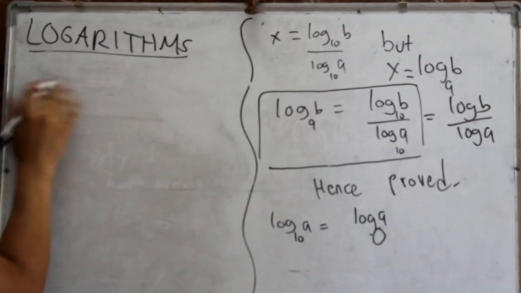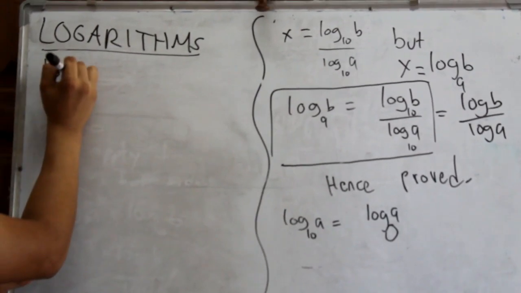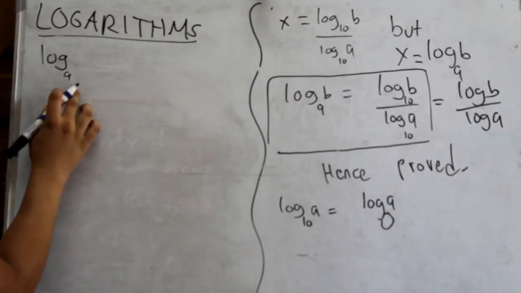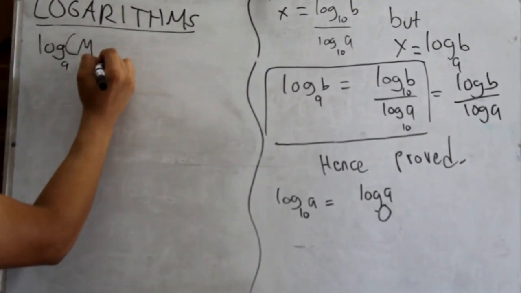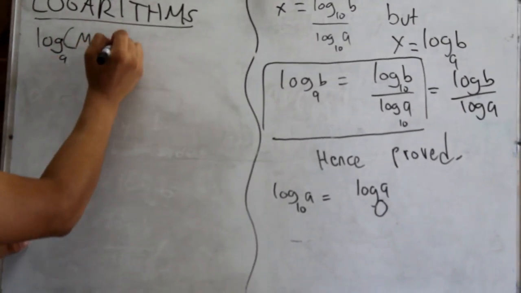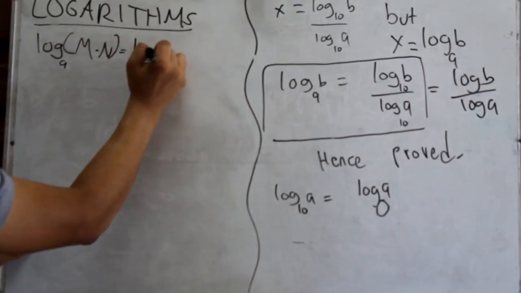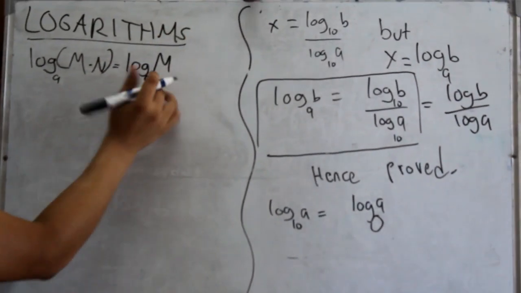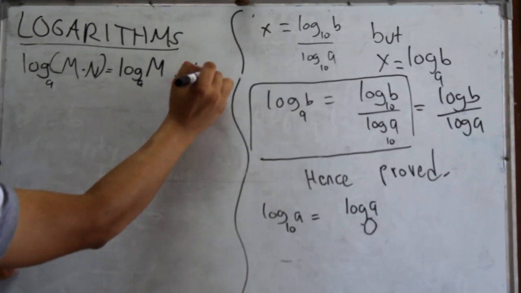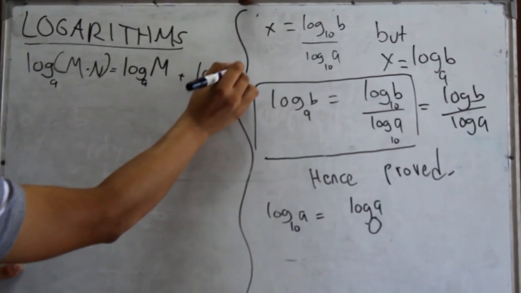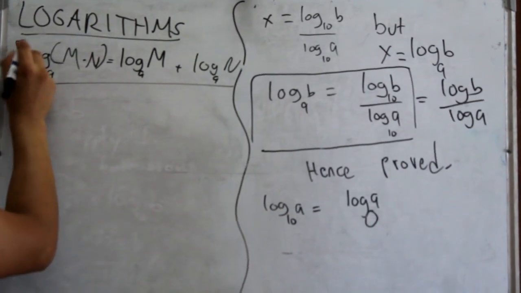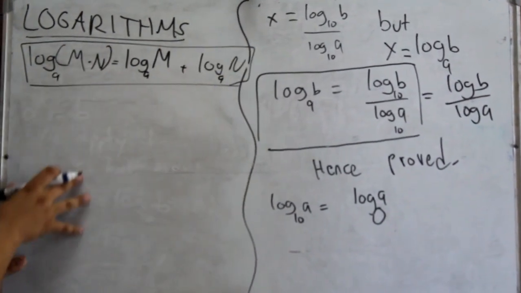Also guys, there's another rule that says that if I have logarithm base a of m times n, this is the same as logarithm base a of m plus logarithm base a of n. This is another rule that you have to know and understand.